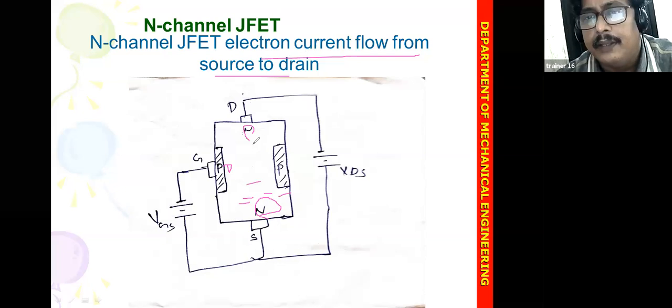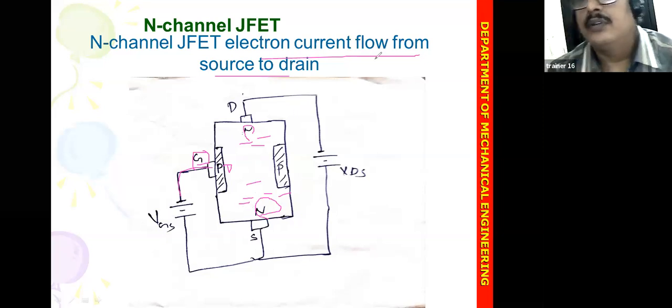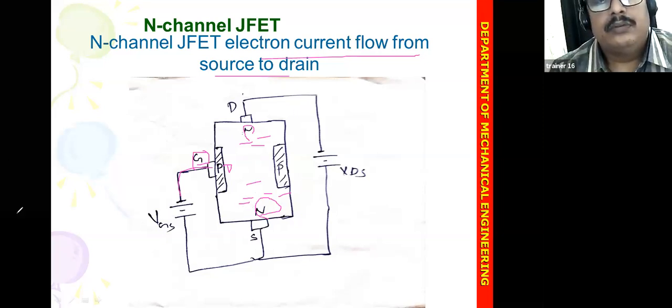I already told you the gate is a controlling unit. So here the depletion layer decreases, that means this P-type region decreases, because the P-type is attracted towards the negative. Thereby the majority carriers are electrons. Next we'll go for the next topic.